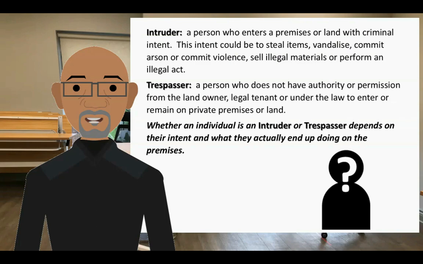A trespasser is a person who does not have authority or permission from the landowner, legal tenant, or under the law to enter or remain on private premises or land. As you can see, whether an individual is an intruder or trespasser depends on their intent and what they actually end up doing while on the premises.